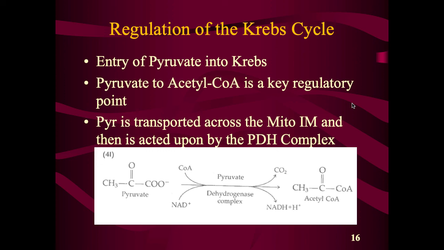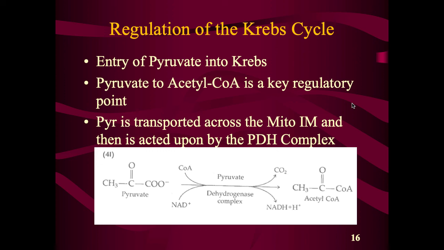Look what it's doing. It's incorporating CoA. It's a decarboxylase. It's removing CO2. It's removing electrons and adding them to NAD. So it's one complex, several different active enzymes that are going from pyruvate to acetyl-CoA.